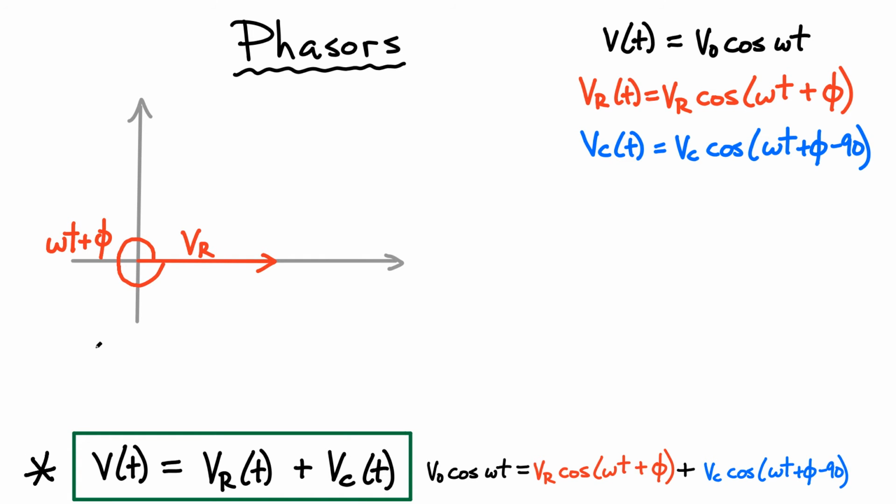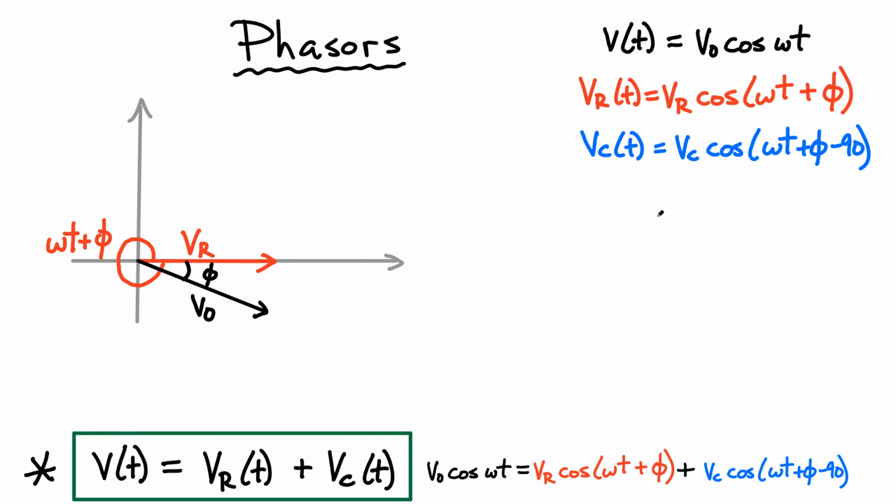So now if I want to go ahead and plot V0, if I call this omega t plus phi, that would mean that V0 should be somewhere over here in this fourth quadrant. And it's going to be plotted something like this. This here would be V0. And you see that this angle over here is phi. So I kind of have to take away phi from the red one.